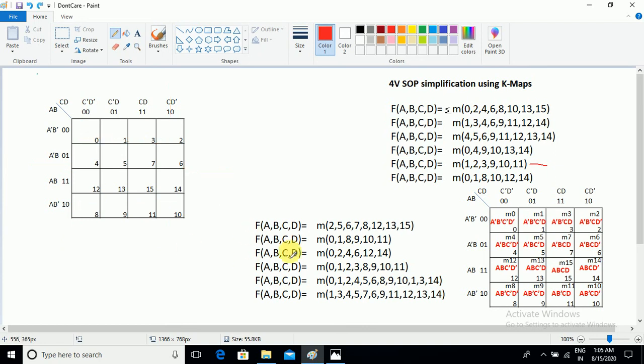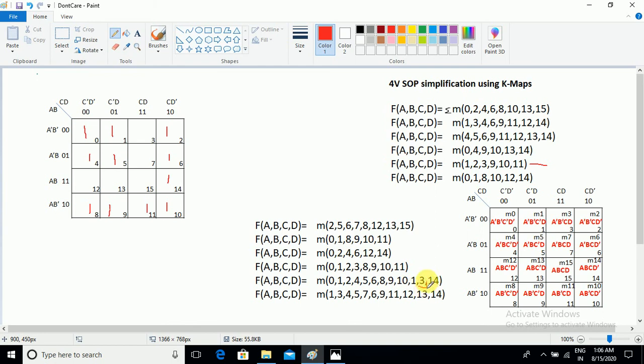Next one is 0 1, 2 4, 5 6, 8 9, 10 11, 10 11, and here it is 14, here it is 13.